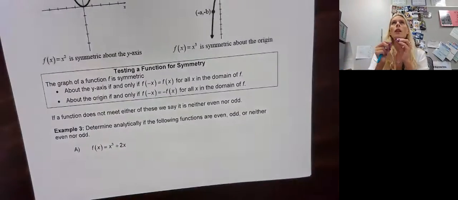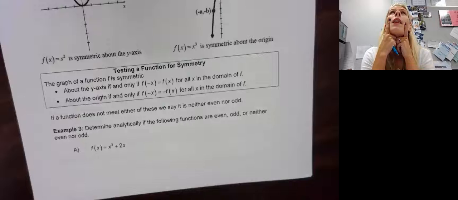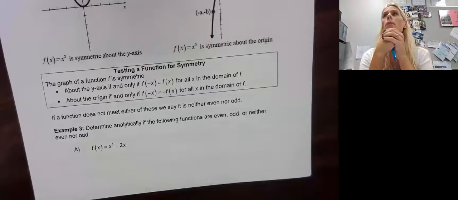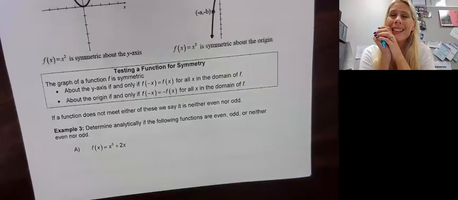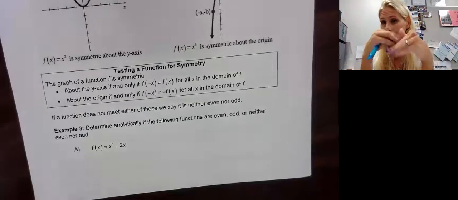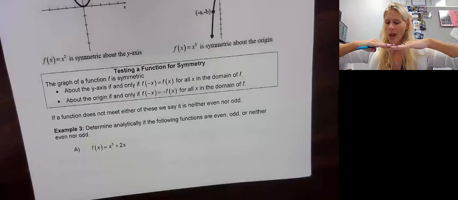Like, the only function that would be even and odd would be x equals 0, because that's the horizontal. So that reflects and rotates.